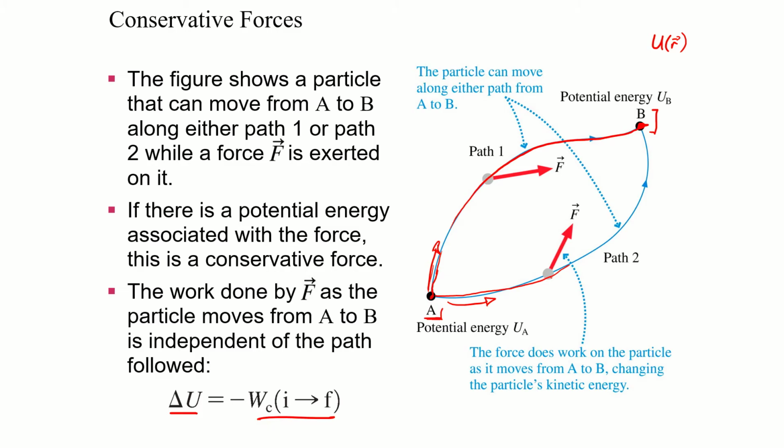So what we've got now is we can think about all the forces that are acting on our system, and we've got conservative forces that we can apply potential energies to, and we've got non-conservative forces, ones that we can't.